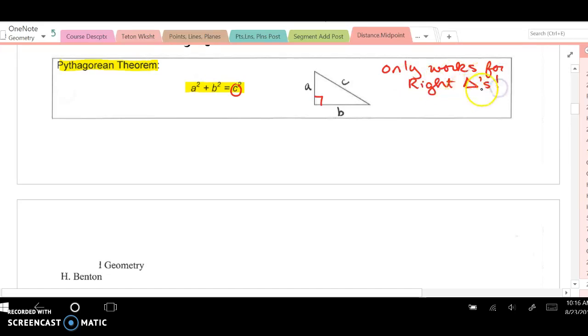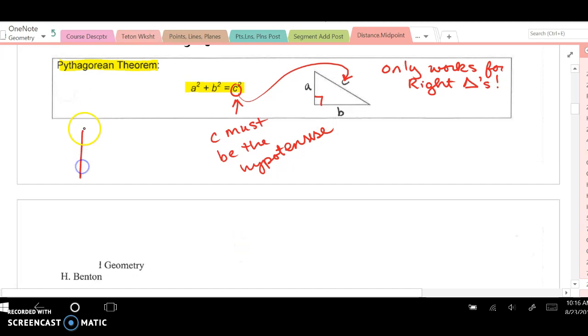A and B, it doesn't really matter which side of the triangle they are, but c must be the longest side. C must be what's called the hypotenuse, the side across from the box, the longest side of your diagram.